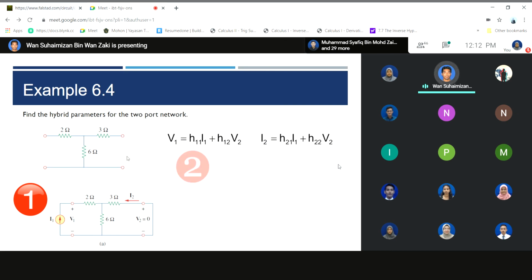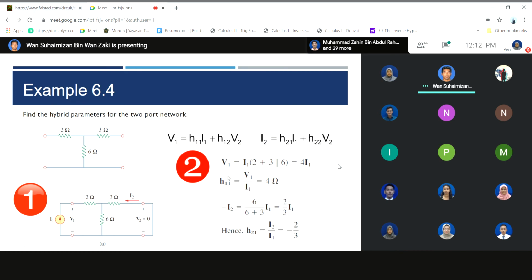Then you can determine H11 based on V1 over I1, so you need to determine the ratio between V1 and I1, right?